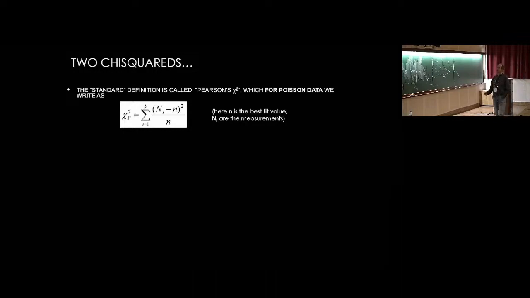So the chi-squared of Pearson's, first of all, is this one, which has the observed number of events, counts, whatever, minus the fitted number that you want to extract, divided by the variance, which is equal to the mean for a Poisson. So here I again put the common value that I want to fit for, my parameter.